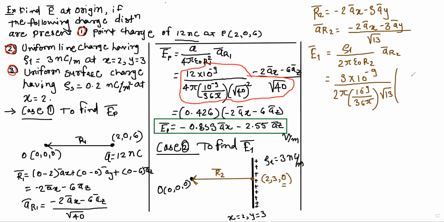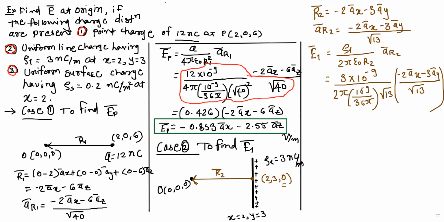What is that? Minus 2 A bar X minus 3 A bar Y divided by under root 13. Right? So this is the thing.